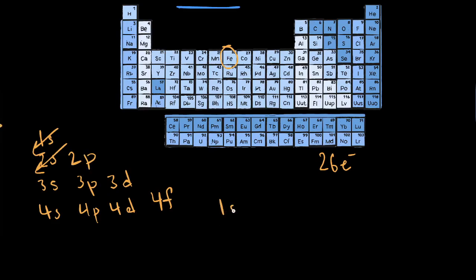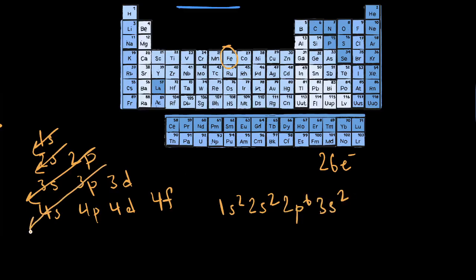That is 1s2, 2s2, 2p6, 3s2, then 3p and 4s, you'll see. We'll fill up our 3p sublevel, 3p6, bringing us to 4s, which we would also fill up completely, 4s2.